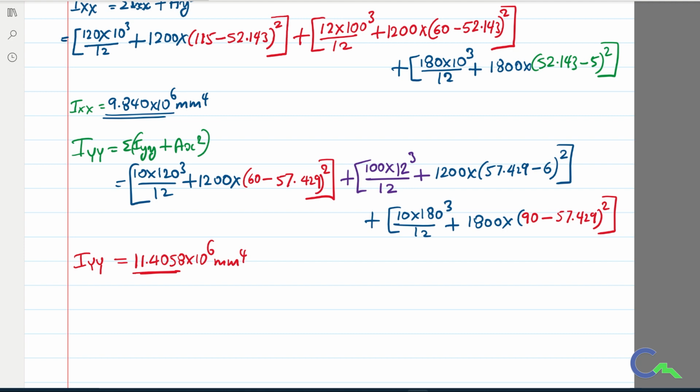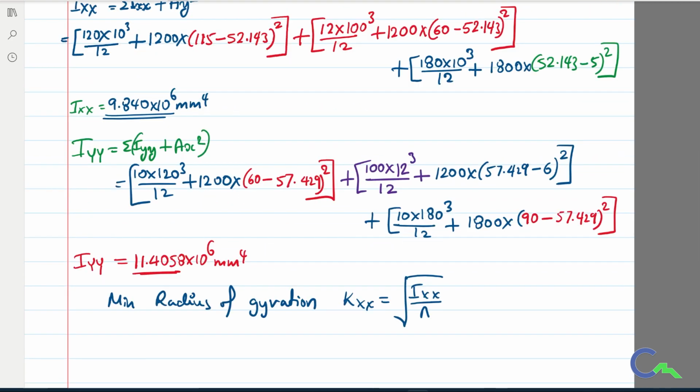If you compare Ixx and Iyy, the Ixx value is the minimum value. Therefore, the minimum radius of gyration is given by Ixx.